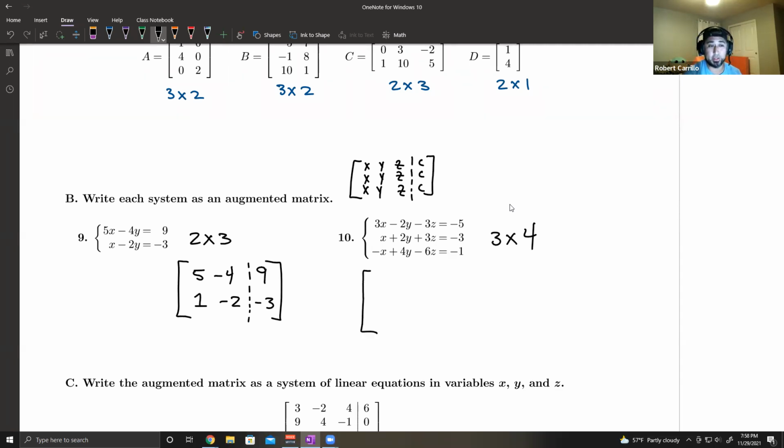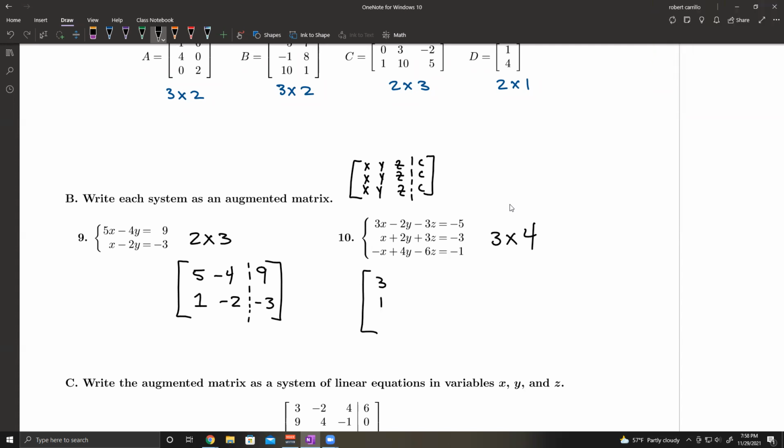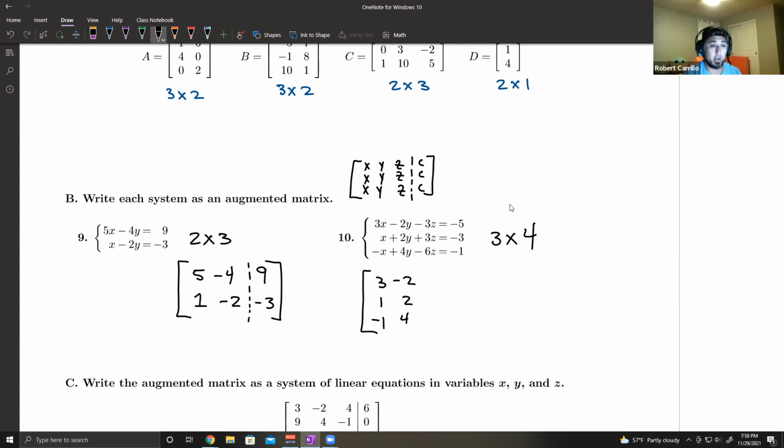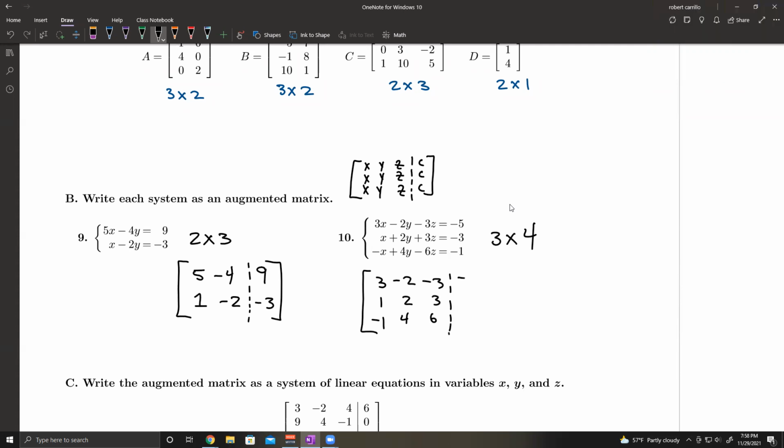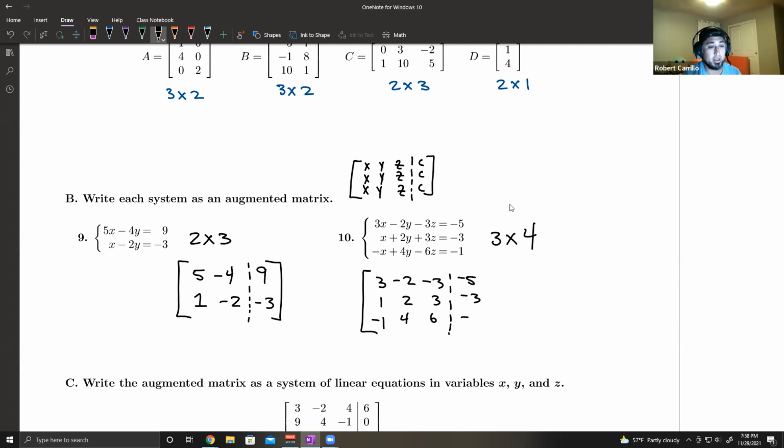What do I put in the first column? 3, 1, negative 1. What do I put in the second column? Negative 2, 2, 4. Third column? Negative 3, 3, 6. And good. Negative 5, negative 3, negative 1, and that's done.